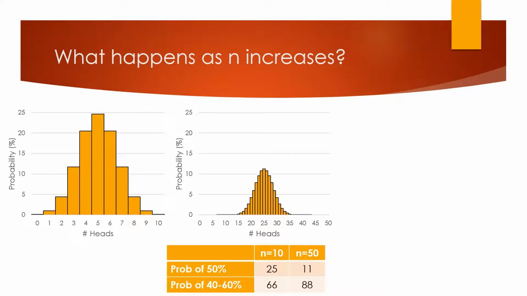So what's happening in increasing the number of coins isn't necessarily an increase in the likelihood of observing exactly 50-50, but we are getting nearer and nearer that 50-50 threshold. Another way to think about this is that the difference between 24 heads out of 50 and 25 heads out of 50 is much smaller than 4 to 5 out of 10 flips.